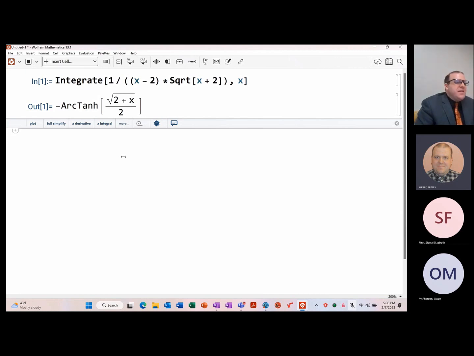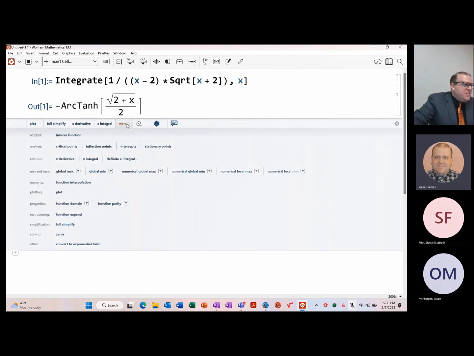Now, this is not a form we want, because we're not studying the hyperbolic functions. This is an inverse hyperbolic tangent. I'm going to click more, convert to exponential.